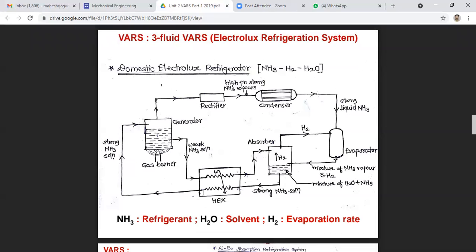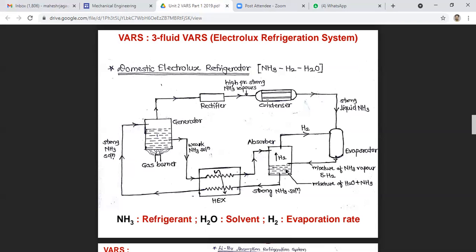During this heating process, ammonia vapors are removed from the solution and passed to the condenser, and a rectifier or water separator is fitted over here, and its function is to remove the water vapor carried with the ammonia, so that it will be supplied again into the generator. So the water vapor will be removed and only high pressure strong ammonia vapors will be supplied into the condenser.